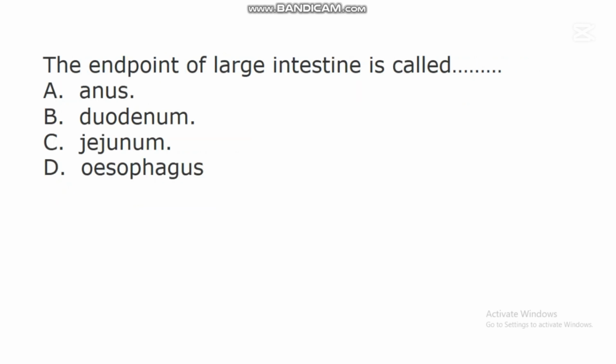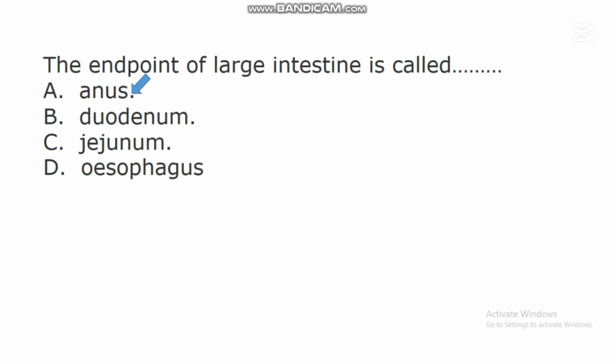The next question says, the end point of the large intestine is called dash. A. Anus. B. Duodenum. C. Jejunum. D. Esophagus. In this question, the correct answer is A. Anus.